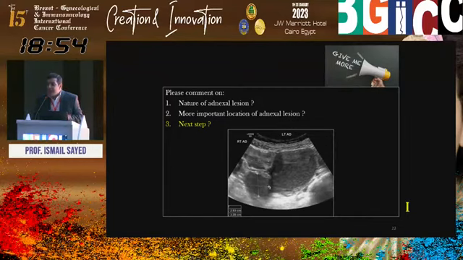This is pelvic endometriosis, not just endometriomas. If endometrioma is isolated, it's okay. If endometriomas are attached to each other posterior to the uterus, usually there is element of deep infiltrating endometriosis. We have to continue for dynamic transvaginal ultrasound.